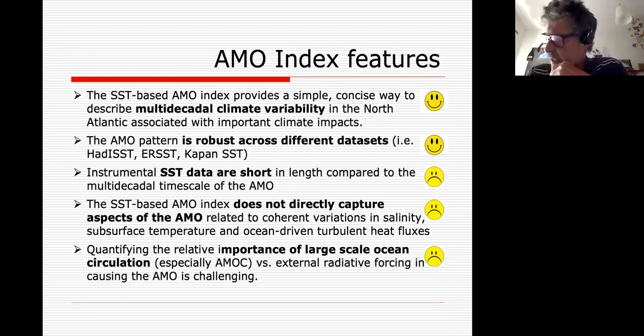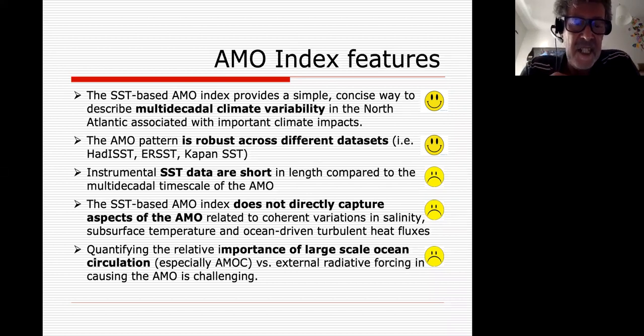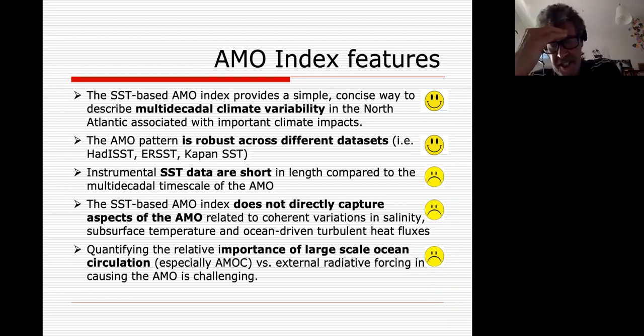There are some adverse issues. One is the fact that we are looking at variability of the order of 60, 80 years, but the instrumental SST data are short in length compared to the multi-decadal time scale of the AMO. And as I told you, SST is only a surface layer, and it doesn't directly capture the aspects of AMO-related currents in the subsurface temperature.